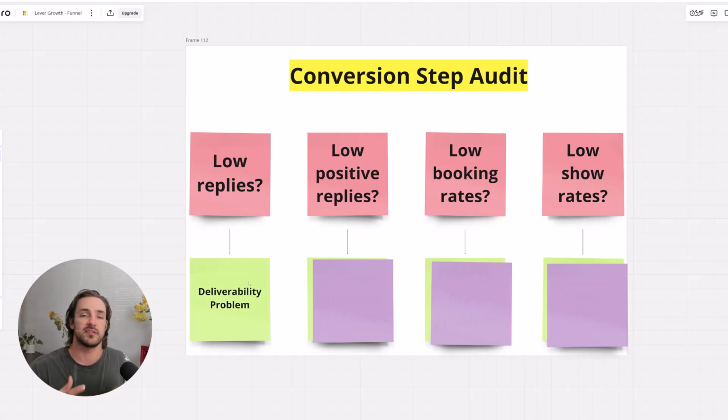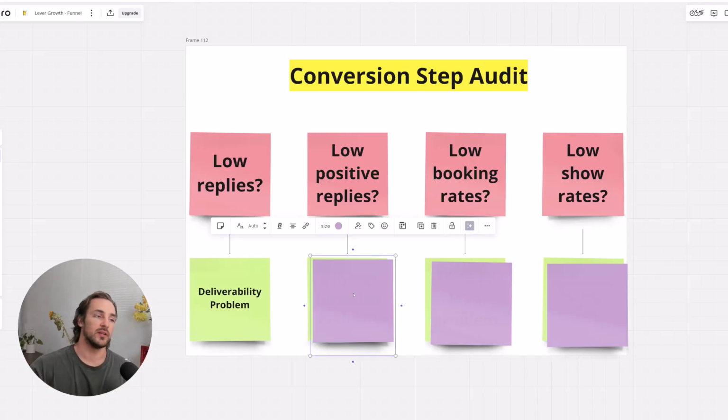It usually has something to do with you getting marked as spam too often, or your DNS settings, your domain settings, not being properly set up. And as a result, that's going to mean lower replies. So what you need to do is go back and review, make sure that your settings are proper. And if not, then get some new ones and set up fresh new domains so you can keep getting into the inbox.